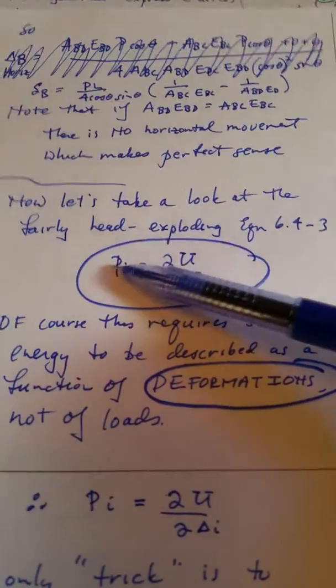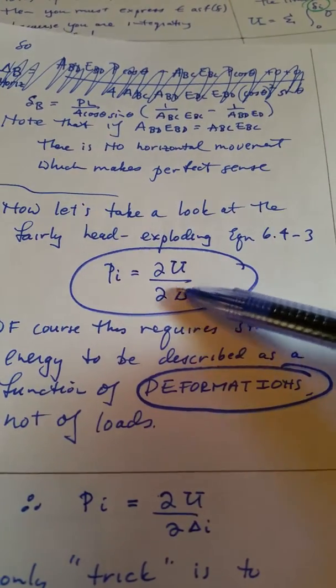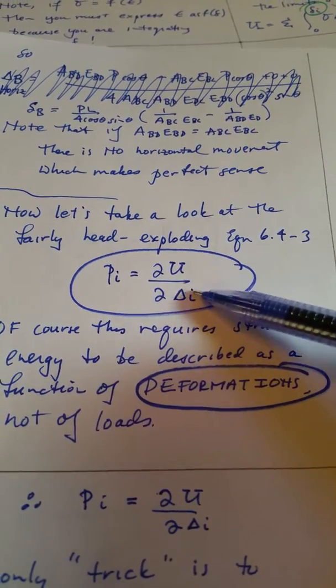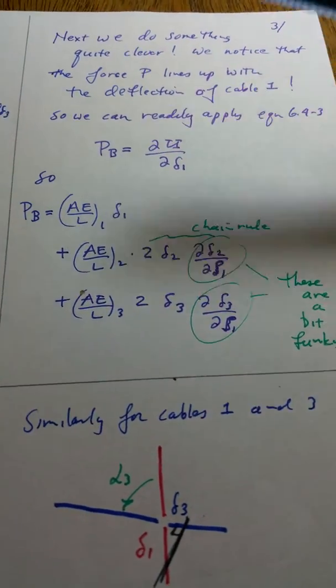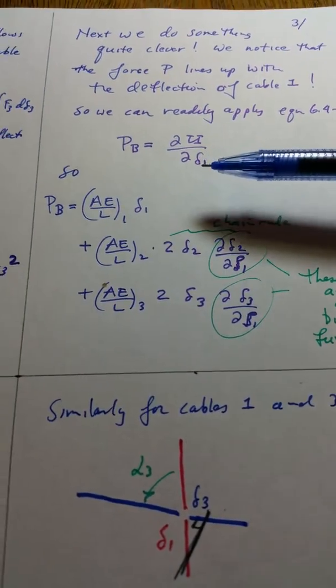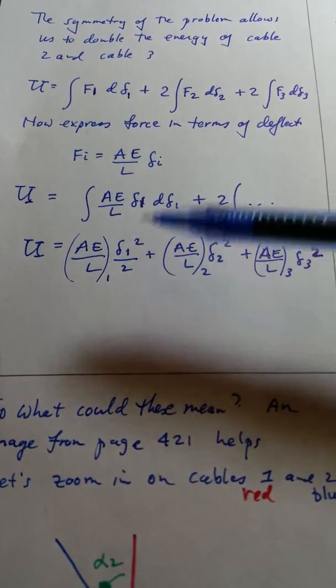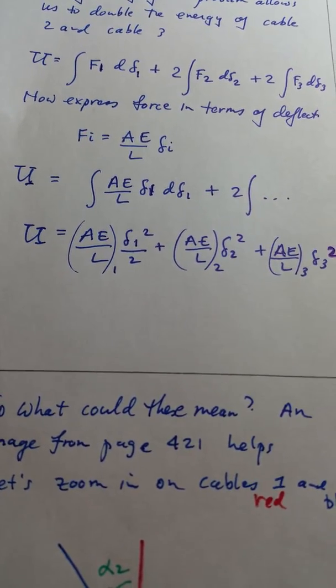We can pull out the force of cable 1 if we differentiate it with respect to the deformation of cable 1. So let's take a look at that. So what I'm doing is I'm going to differentiate this previous expression U with respect to delta 1.